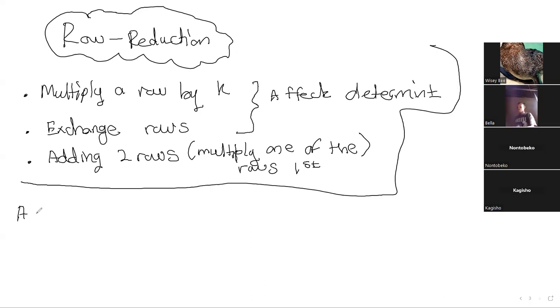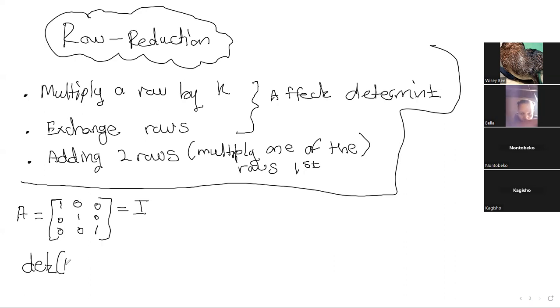Let's say A is equal to 1 0 0, 0 1 0, 0 0 1. Right. This is the matrix I. You know that the determinant of I is 1.